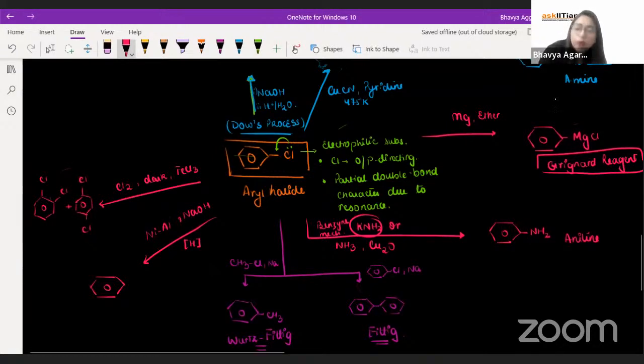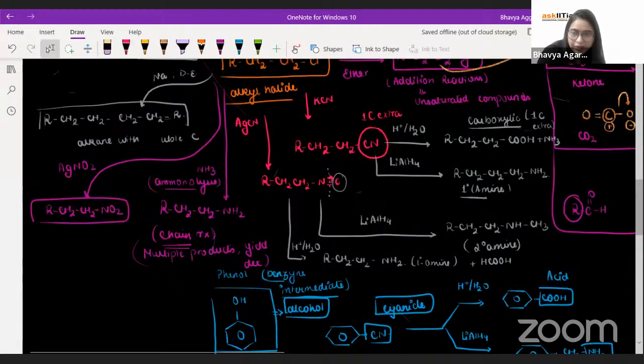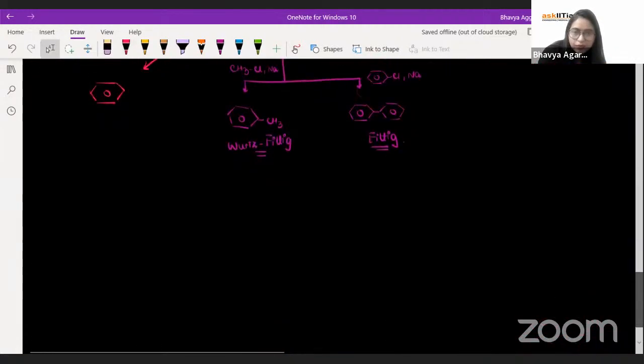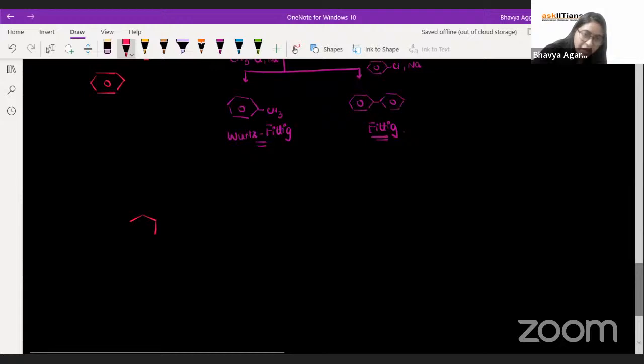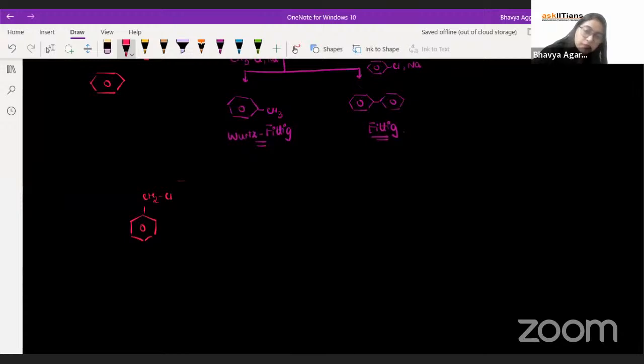Whereas if I had this sort of molecule, and then if I'm adding chlorine in the presence of light, it is free radical, right?